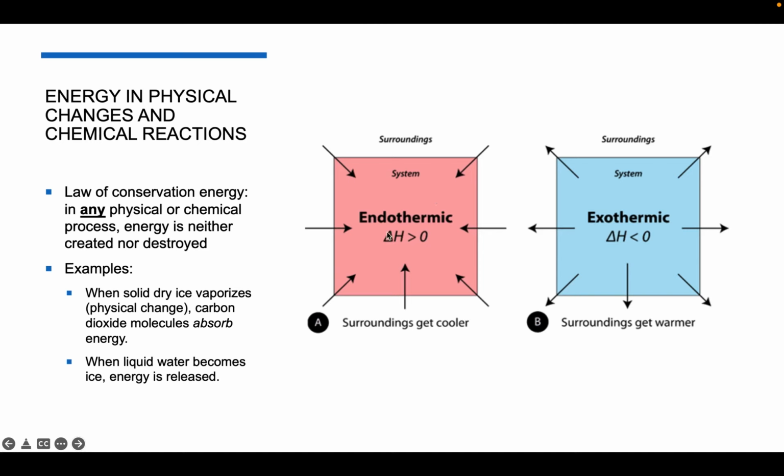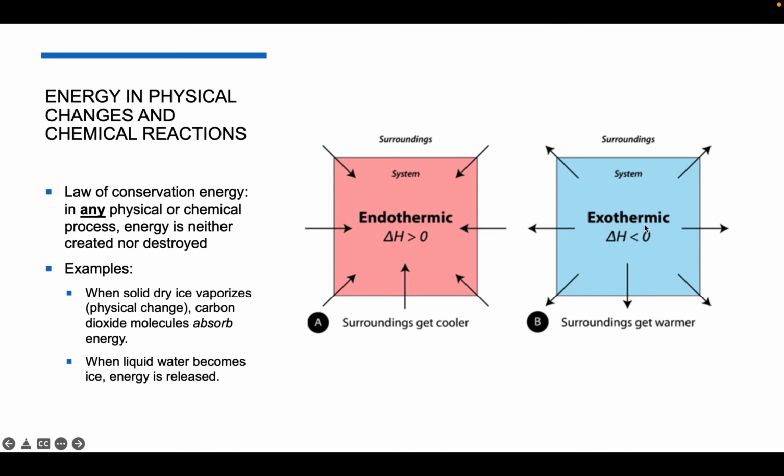So the change in heat is going to be greater than 0 because I'm adding heat to the system. So I'm pulling that heat and adding it to the system in order to get that reaction done. My surroundings are going to get cooler. And another key thing to remember is that you can neither form nor destroy energy. So that energy is going to be transferred to the system or to the surroundings.